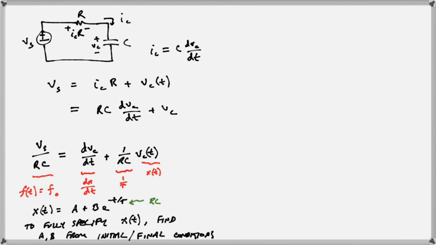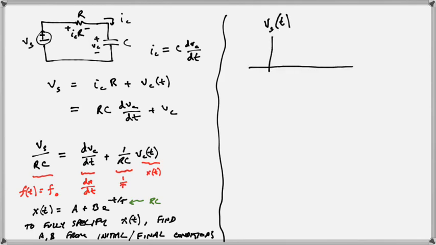Okay, so how do we get initial and final conditions? Well, we'll just start thinking about this here. The circuit that you have, well, you have V of S, that's a square wave, basically. So let's draw that in there.